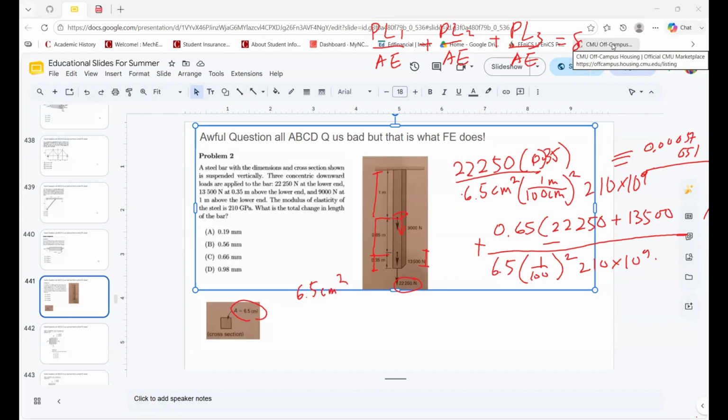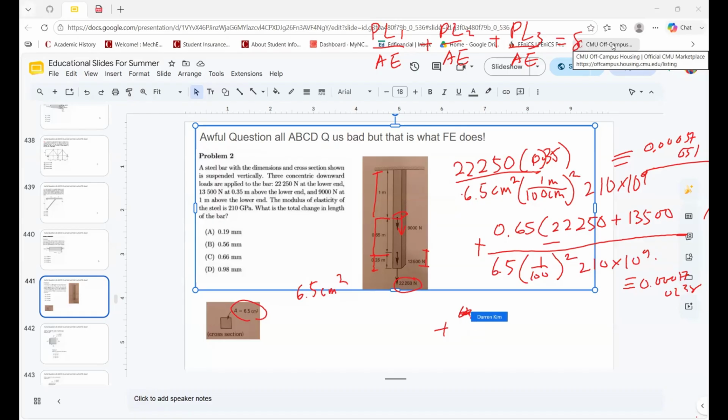You're bound to make sure everything's good. So it's (2250 plus 13500) over (6.5 times (1 over 100) squared multiplied by 210 multiplied by 10 to the 9), which gets you to 0.00017 0238. And you have to do one last one.